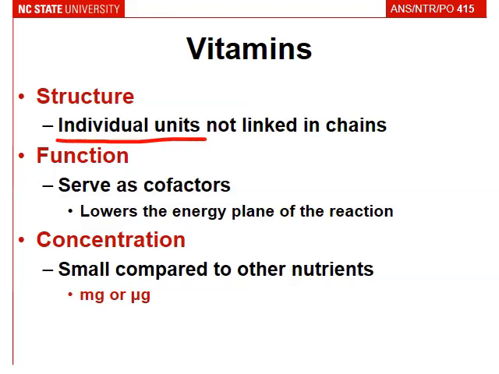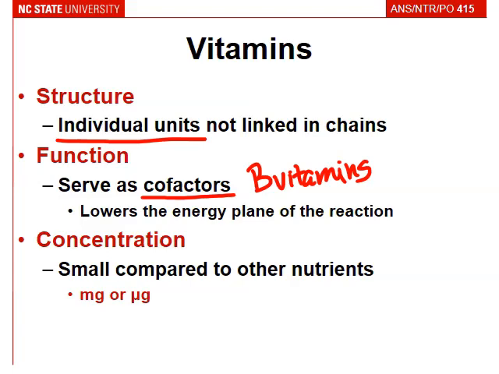And for the most part, especially our B vitamins, they are serving as cofactors or coenzymes. The way they do this is just like in the previous diagram, where they allow a conformational change.